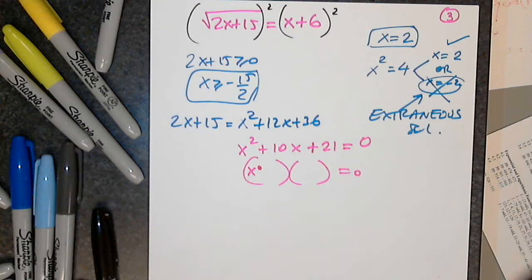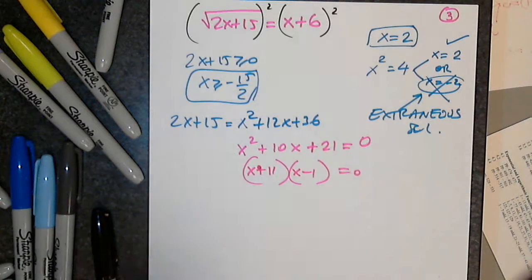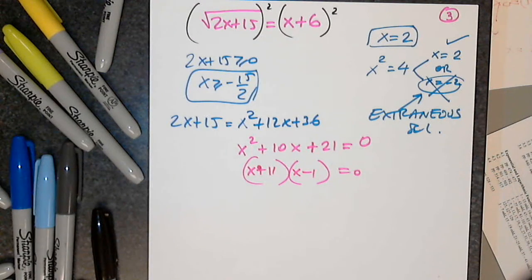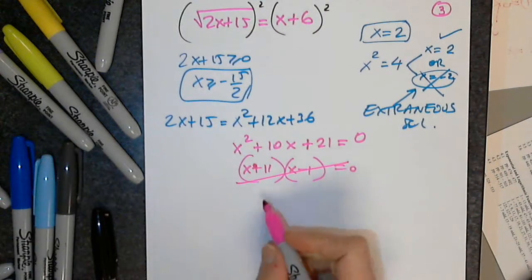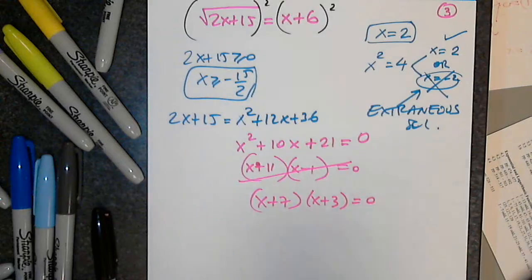Then 11 times -1 will not be positive 21. So if I write, do not write it. Then 11 times -1 will not be 21. Okay, so x plus 7 times x plus 3 equals 0.